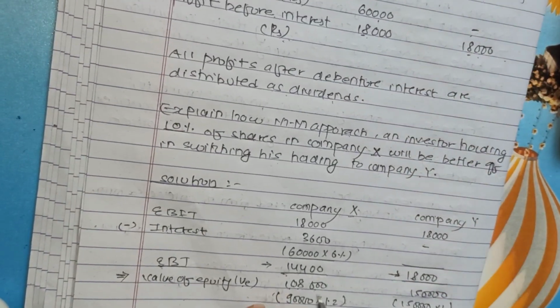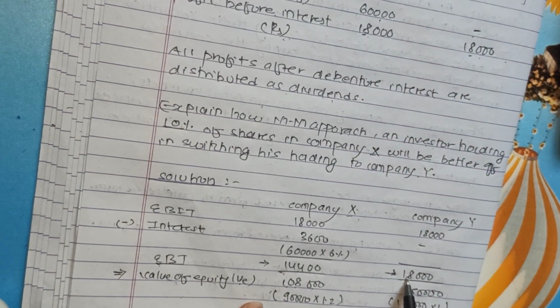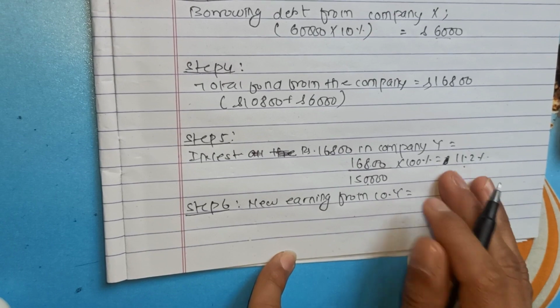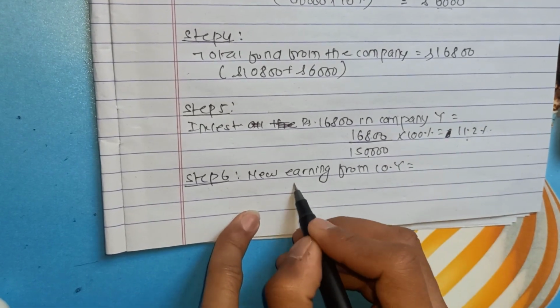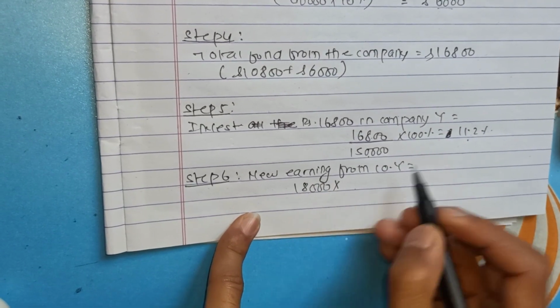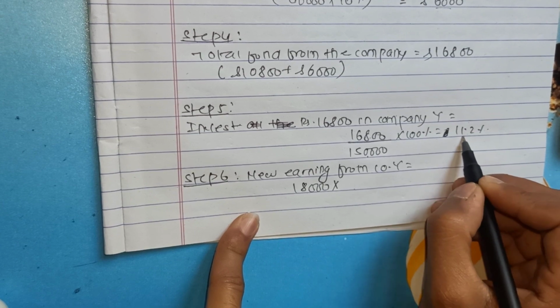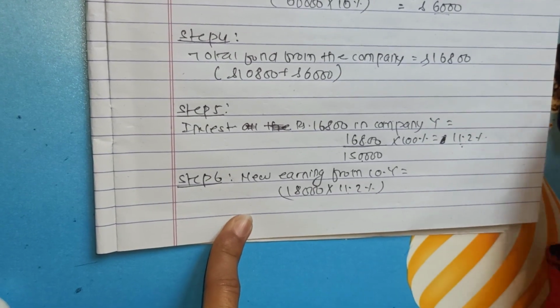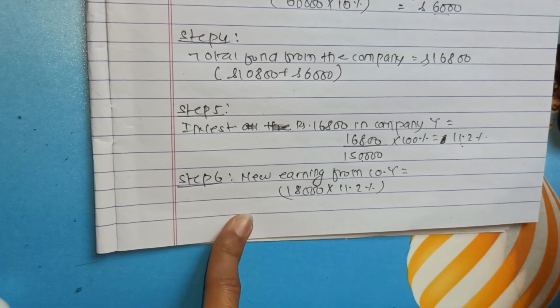We have the earning of company Y as 18,000. That means 18,000 into 11.2%.